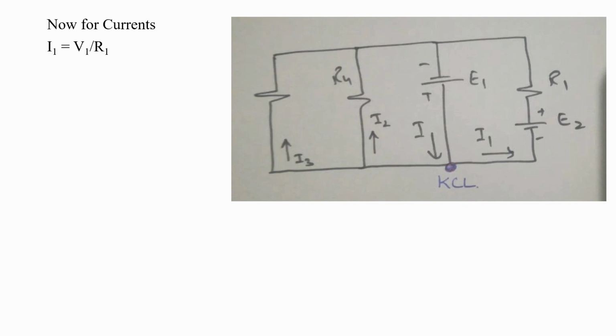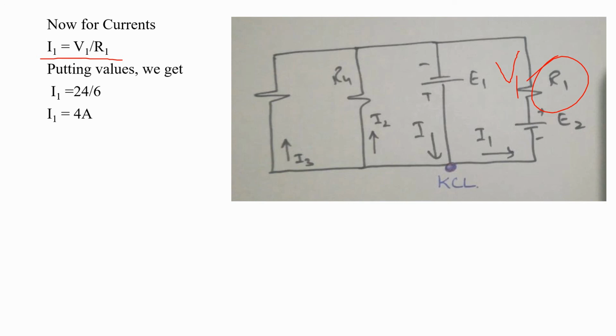First, I1. We have the value of V1 here, and R1 is a resistor, so we can find the value of I1 using Ohm's law. Substituting the values, I1 is equal to 24, the value of V1, divided by 6, the value of the resistor R1, and you will get the first current I1 is equal to 4 amperes. Similarly, when finding the value of I2, you have to know the value of V4 and R4.